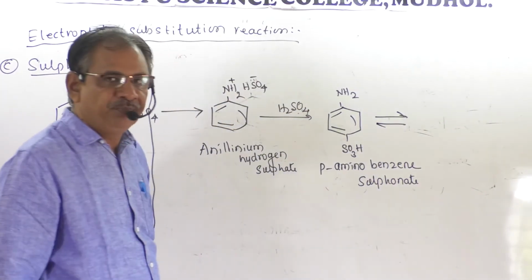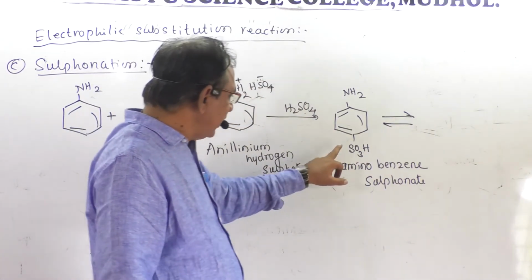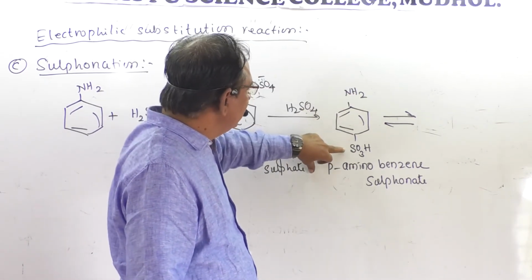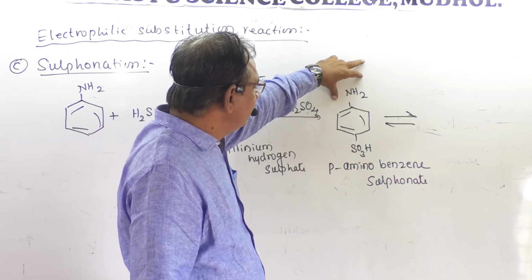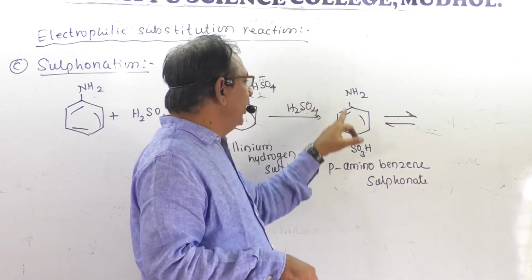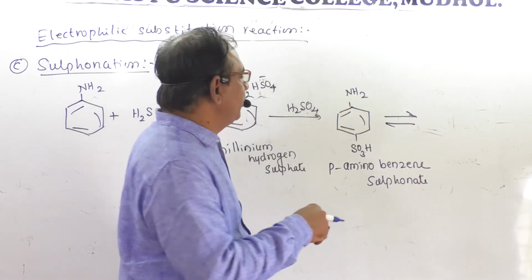very important here, it interchanges. This is an acidic group and this is a basic group. SO3H is the acidic group and NH2 is the basic group. The acidic group donates an H plus ion and the basic group gains an H plus ion.